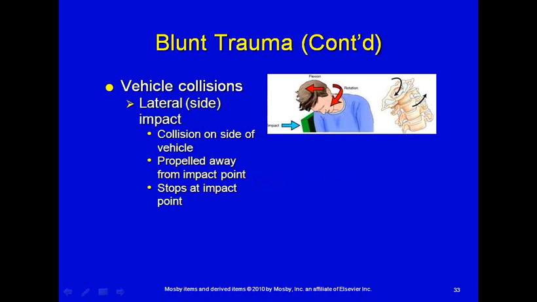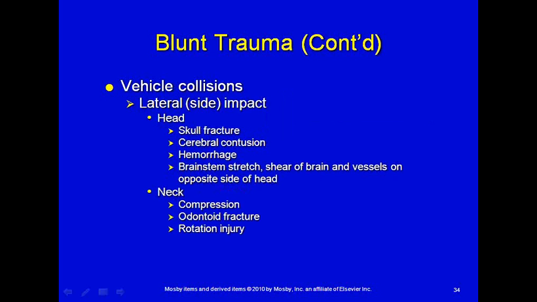T-bone accidents, where the patient is T-boned by another vehicle, or where the collision is on the side of the vehicle, the patient is propelled away from the impact point, which often can cause a shear injury. With lateral side impacts, you can have skull fractures, cerebral contusions, hemorrhage, brainstem stretch.